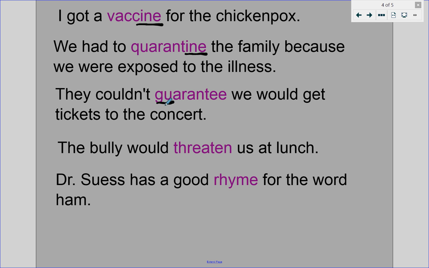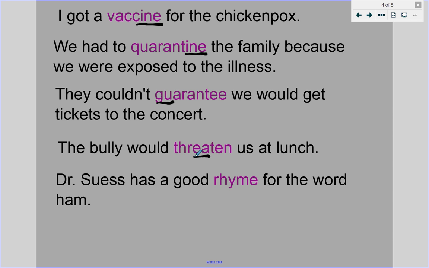But it's more than acting just mean to somebody. When we hear the word threaten, that means to endanger something or endanger someone. So we want to think about that as endanger. And the EA there is the unusual spelling.